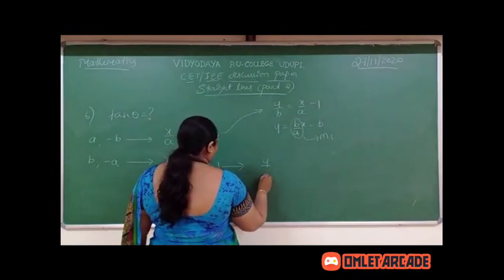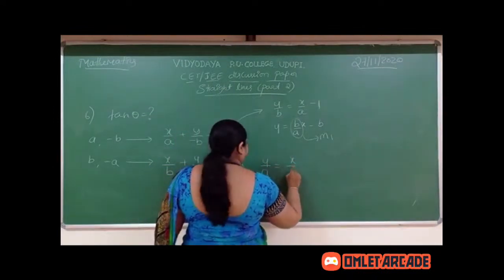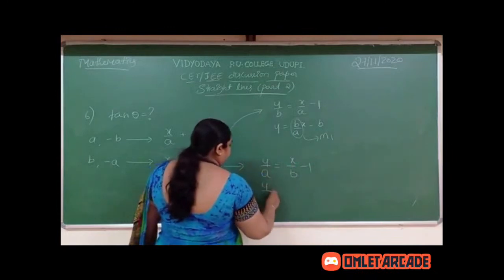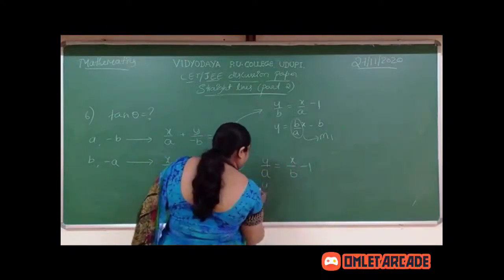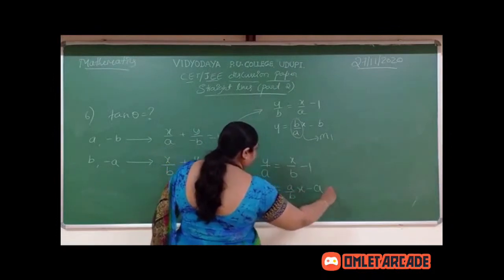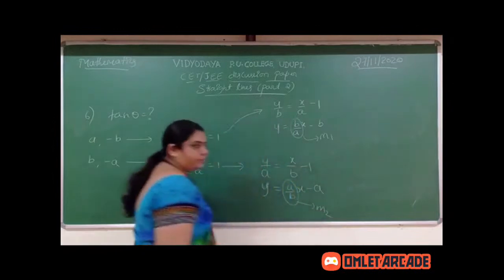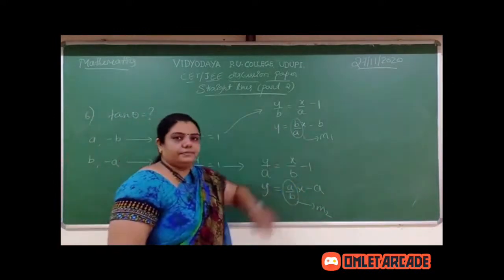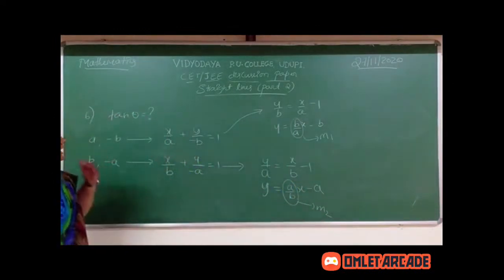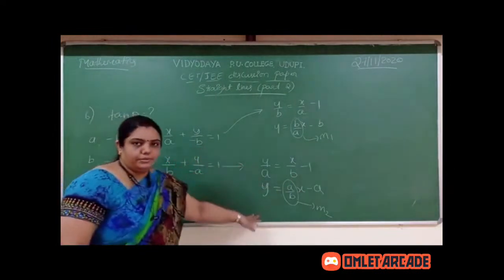Now take this equation, friends. Let me convert in the same way. y by a is equal to x by b minus 1. So y is equal to a by b x minus a. Now is it m2? Can I take this as m2 and this as m1? Because I need tan theta, you know the formula, so I am extracting m1, m2.